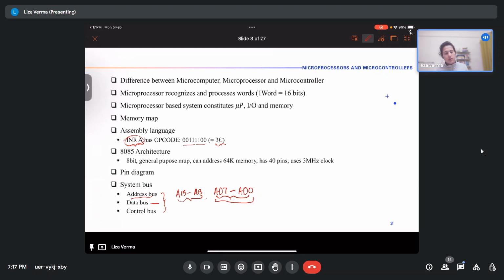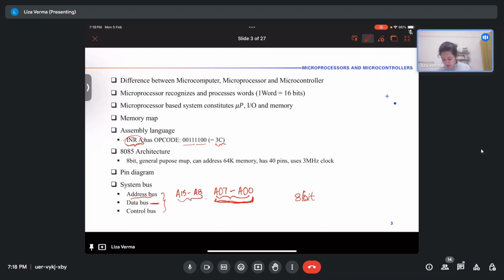The data bus: since the data is 8-bit, the microprocessor processes 8-bit data at some instant of time in one instruction. So it requires 8 lines, and these 8 lines are provided by these multi-purpose AD7 to AD0 lines.